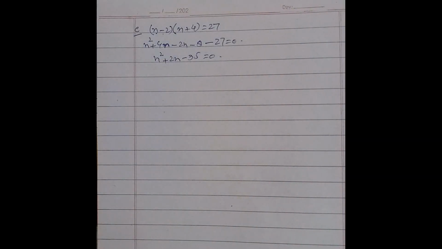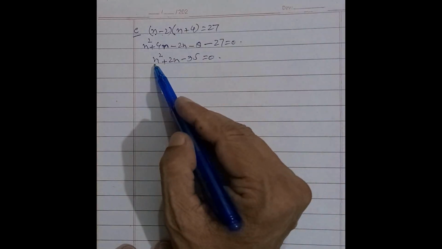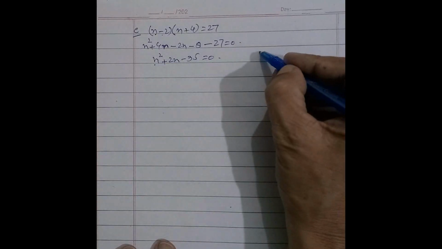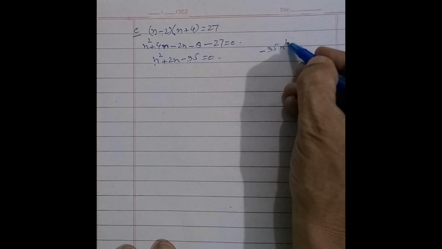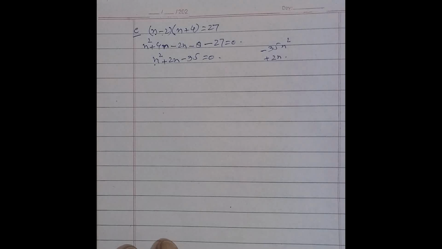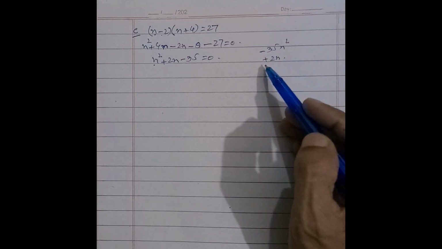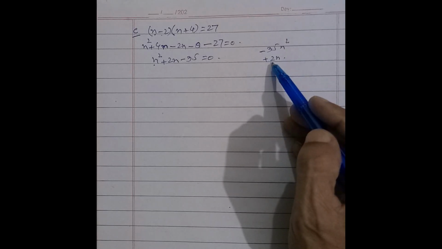And now we factorize the standard equation. First we multiply n square multiplied by minus 35, it is minus 35n square, and the mid value is 2n. Now we find the two values that multiply each other to give minus 35n square, and when added give 2n.